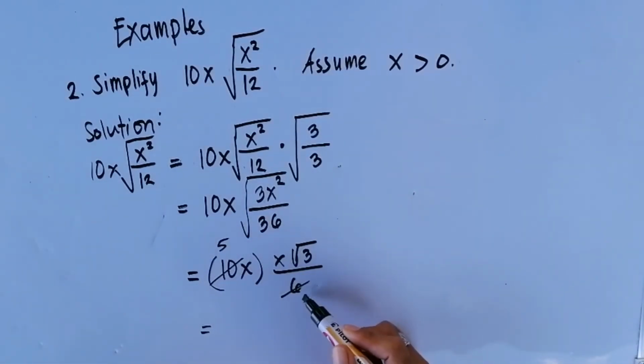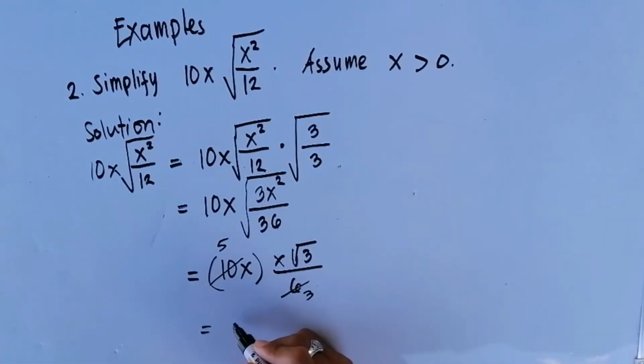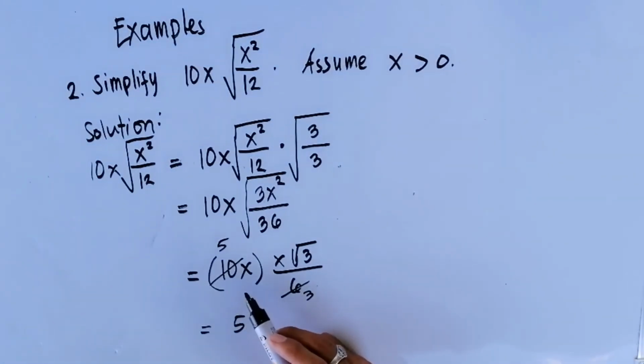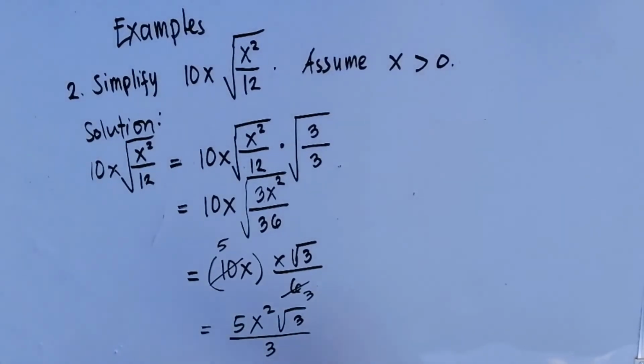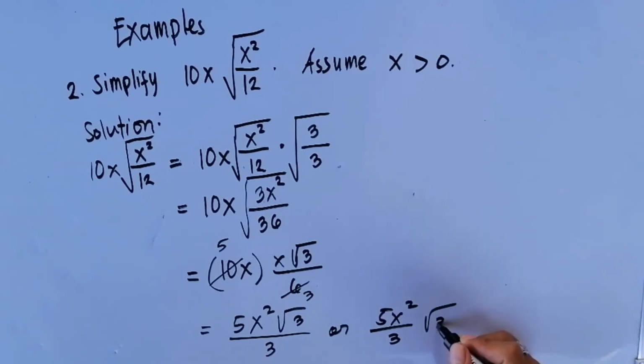This one is 3. So we have 5 times x times x, that is x squared, and the square root of 3 over 3, or 5x squared over 3 times the square root of 3.